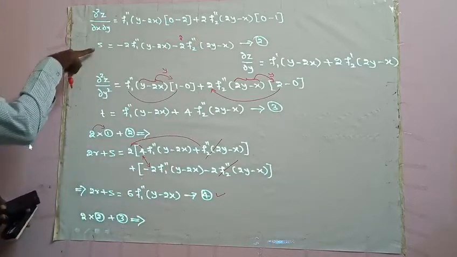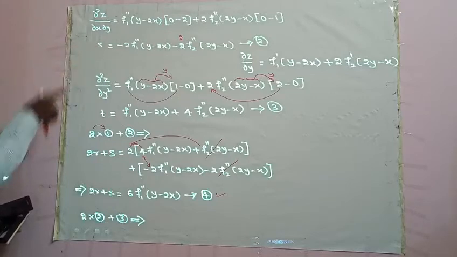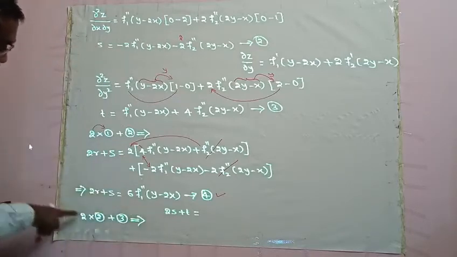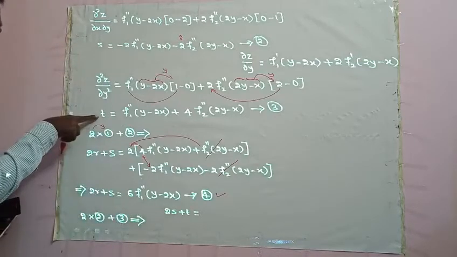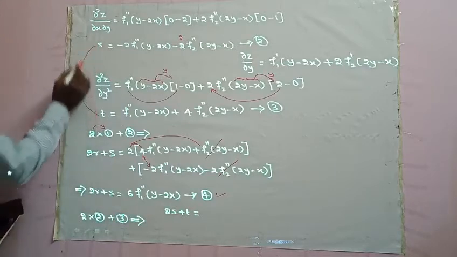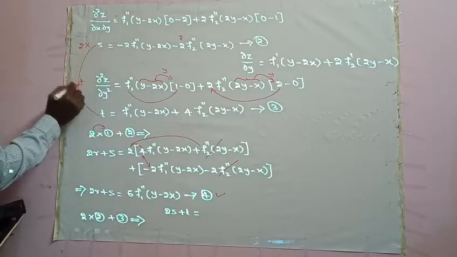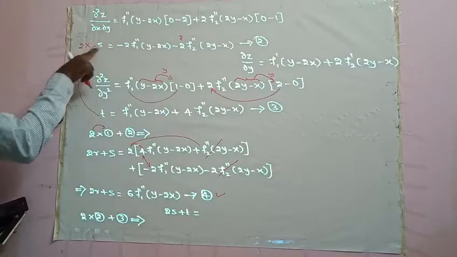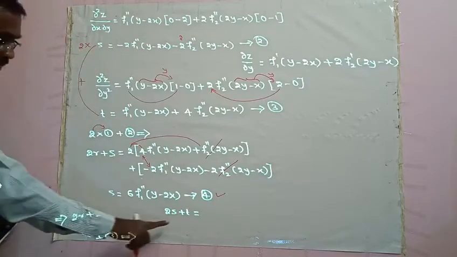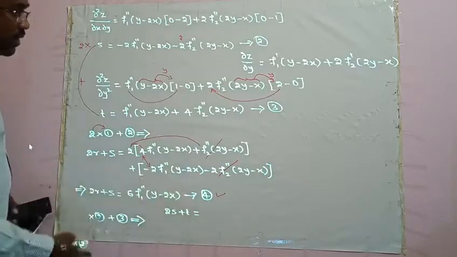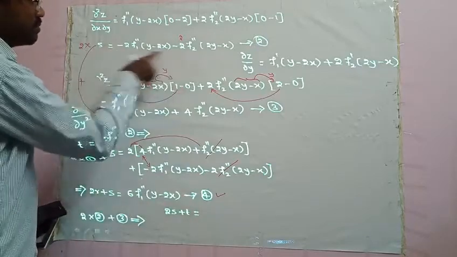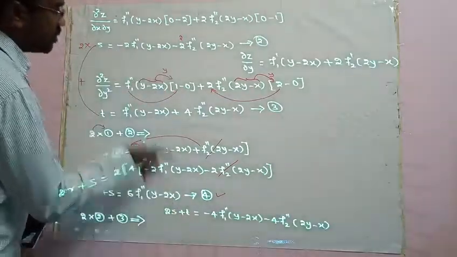What you get, let us see. 2s plus equation 3, that is 3. We are combining these two by multiplying 2 here. 2s plus 2 into s plus t, the LHS, into RHS. 2 times this, 2 times.